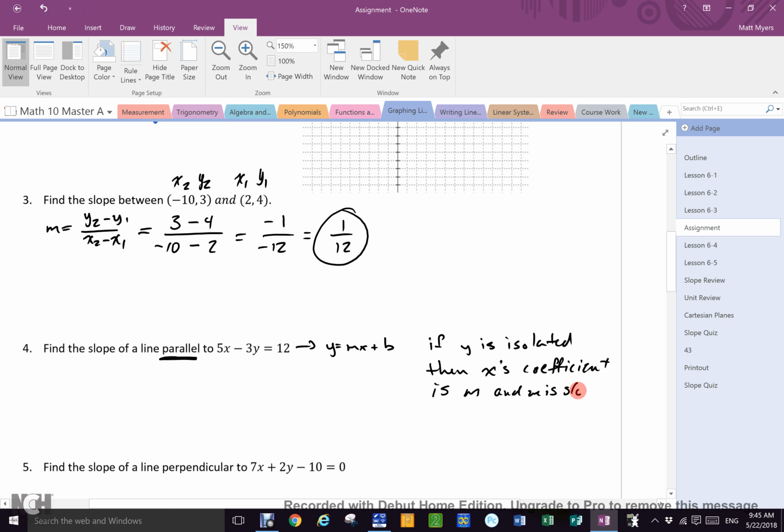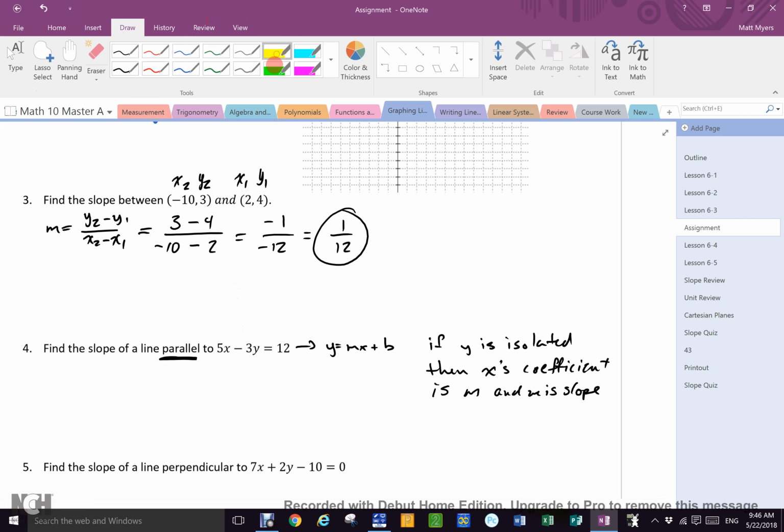The slope. So if I know what m is, and I know I need a parallel slope, I just need the same slope, don't I? So how do I get this to look like this? What do I have to do to y to make it look like this?